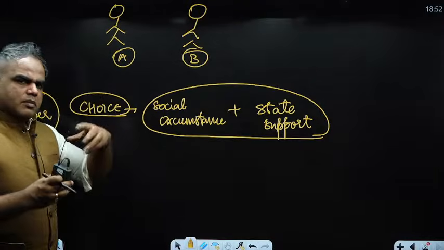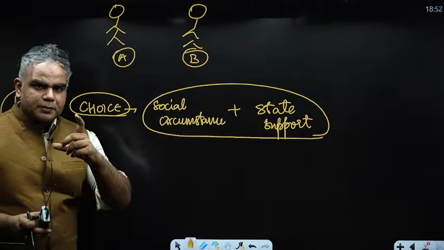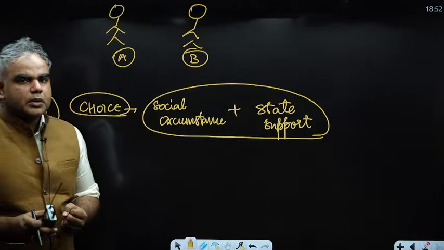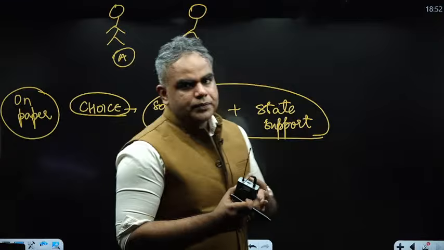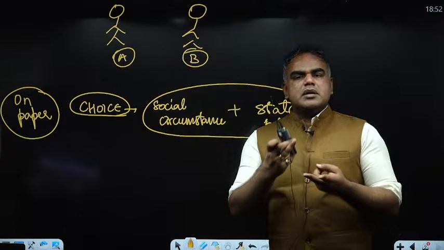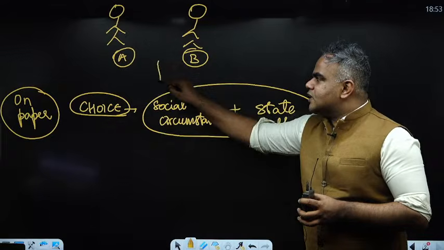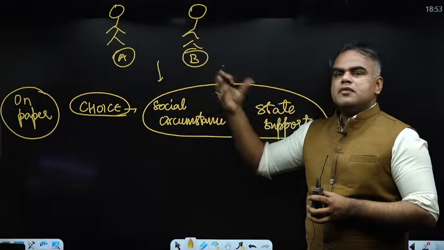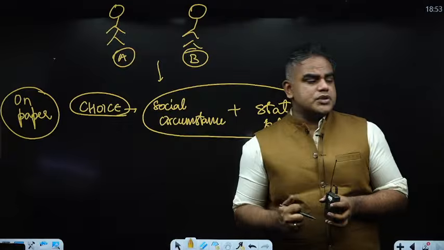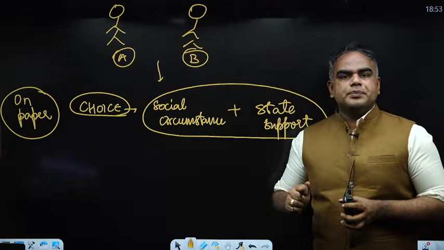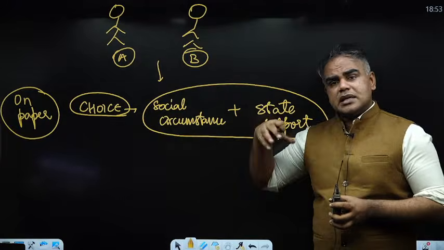Let's make the example simpler. Let's say person A is from a very privileged background, okay? Has had very good schooling, okay? All the coaching, books, whatever was there was available to him. Now the chances of A getting selected versus let's say B from a poor household, does not have resources, has all the constraints, who is more likely, okay, to, for example, clear the exam?